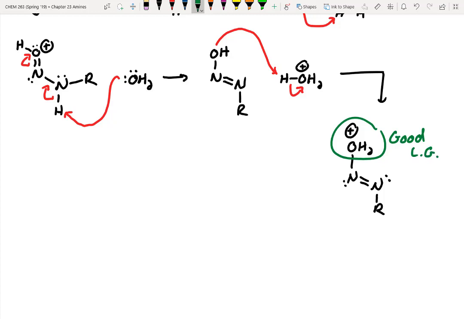So if it's a good leaving group, our ultimate goal is to shove it off, right? We don't really have any protons to pluck off, but it's okay. What can occur next is we can just push down this lone pair and kick off water. That results in a nitrogen-nitrogen triple bond and water as our byproduct for this reaction.